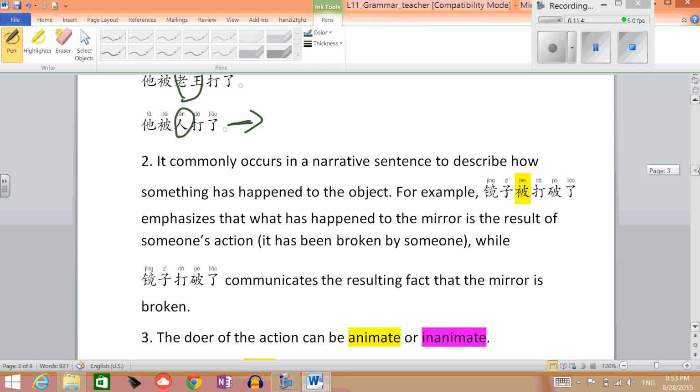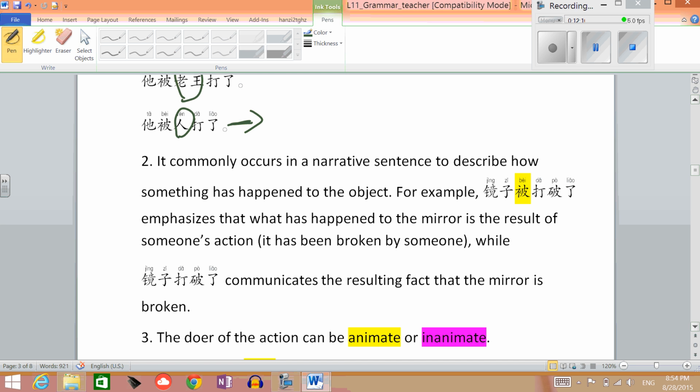The second characteristic of the structure. It commonly occurs in a narrative sentence to describe how something has happened to the object. For example, 镜子被打破了. The mirror has been broken. Emphasize that what has happened to the mirror is the result of someone's action.